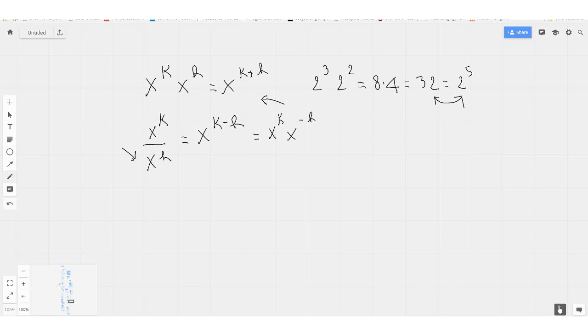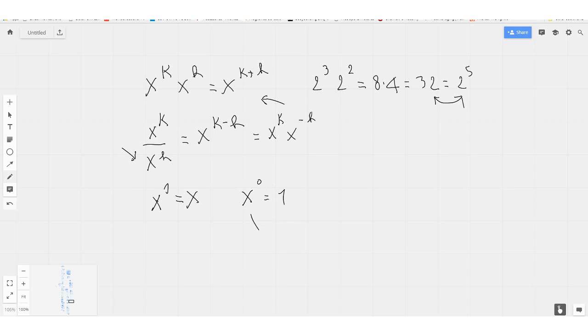Another example would be, let's say we have x to the power of 1, that's simply x. This is another basic rule. If the power is 0, this will always be 1.